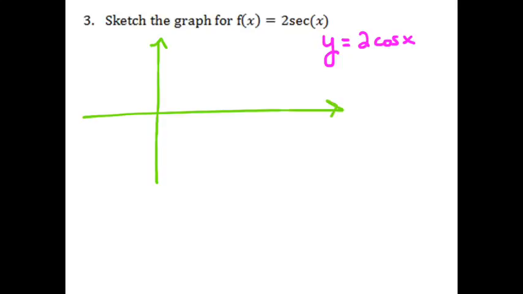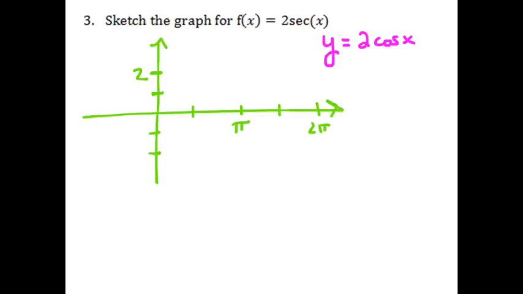So cosine, let's see, I'll make this pi, 2 pi, and this 2 cosine x, that's going to have an amplitude of 2. That's the only change here, is an amplitude. So we're going to go up to 2 and down to -2.